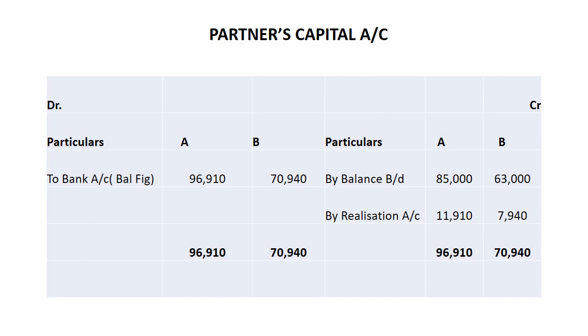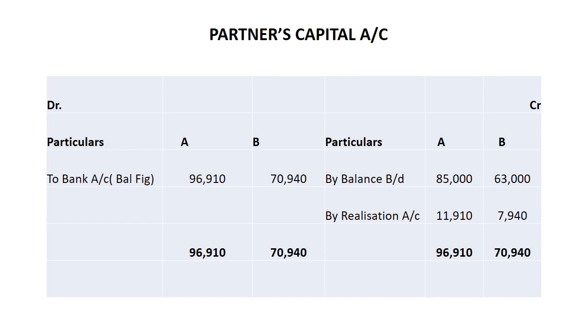And what will be the journal entry? Partners capital account debit to bank. It means the money will be given to partners. The firm will pay money to partners through bank. Balancing figure to A: how many rupees will be paid? 96,910. How many rupees will be paid to B? 70,940.